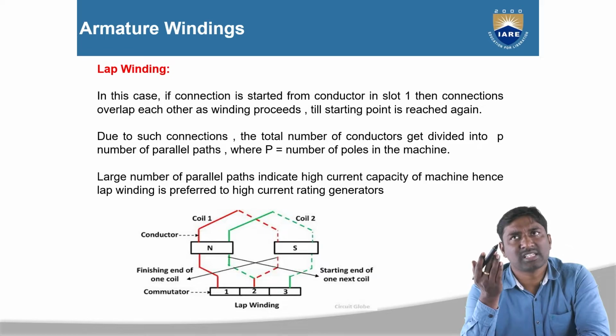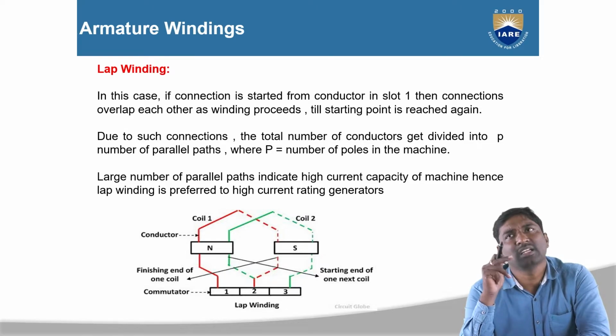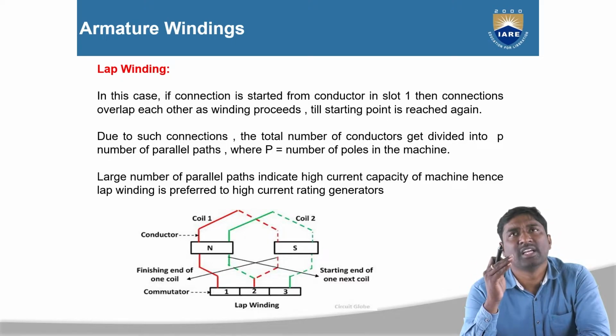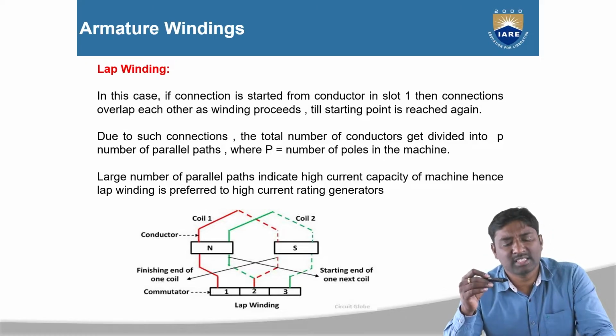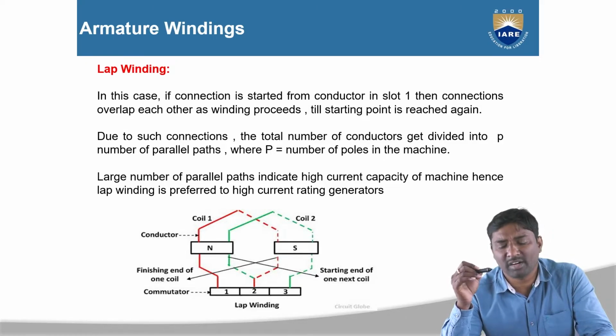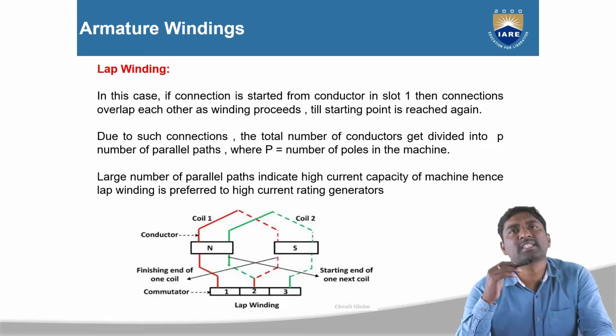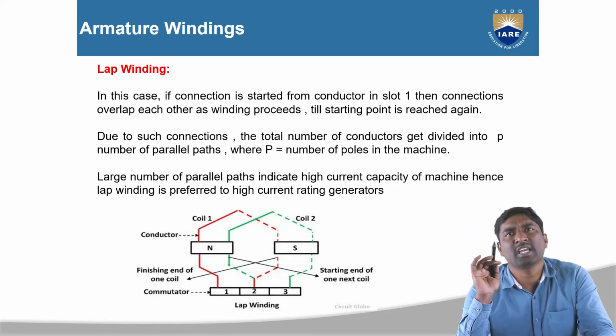In this case, if the connection is started from a conductor in slot 1, then the connections overlap each other as the winding proceeds until the starting point is reached again. This is called a lap winding.